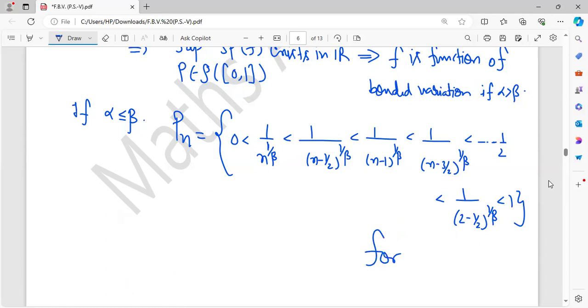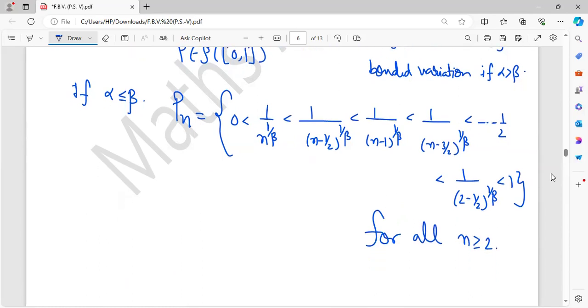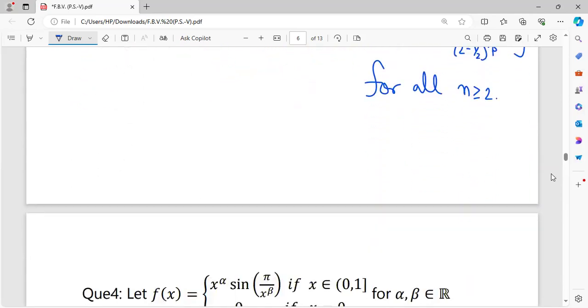For all n greater than or equal to 2, you will find Bf is greater than, because Bf is always greater than this, the sum of |f(x_i) - f(x_{i-1})|. What is this?